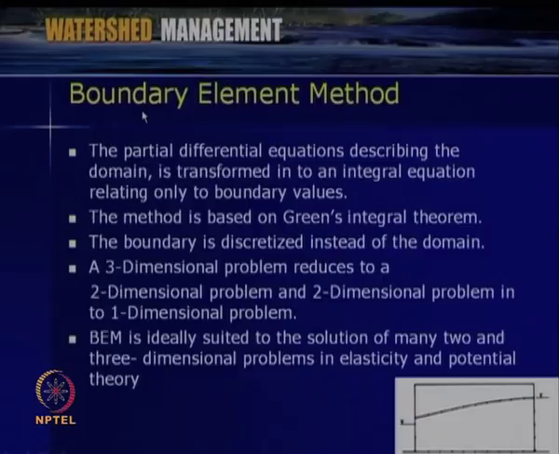Now the next method which I would like to briefly discuss here is the so-called boundary element method. This is a further development with respect to the finite element method. Here we first discretize only the boundary. This is the domain, and we consider the elements like this, initially discretize the boundary, and then consider the internal nodes.